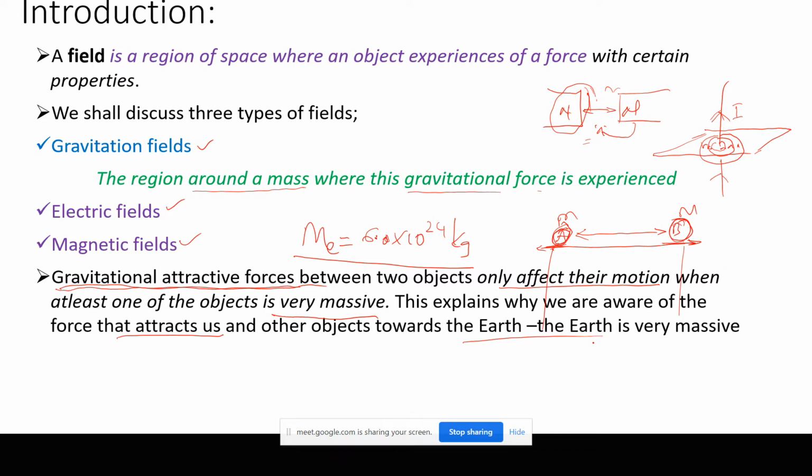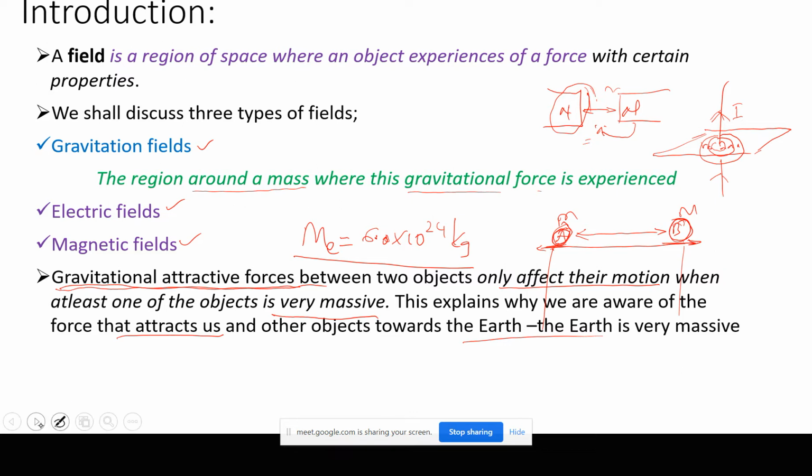But I have explained that this is because the attractive force between these two objects could be very tiny, much smaller than the frictional forces that oppose their motion. The gravitational force between two objects only affects motion if at least one of the objects is extremely massive.